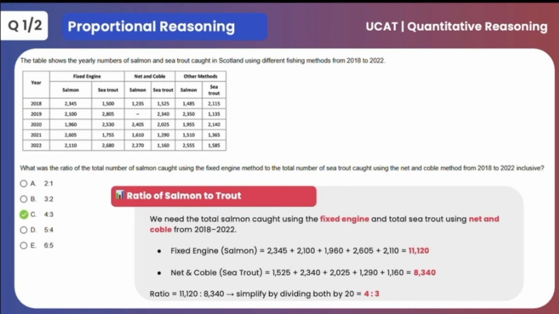Another way of calculating ratios, if you don't just want to divide one by the other and then use percentages, is by dividing by the highest common factor to get the simplest ratio, which is what they've done here, because the highest common factor of 11,120 and 8,340 is 20. If they divided by 20 and got numbers like 20 and 15, it's much easier to simplify that down to 4:3. You could see that a lot more clearly.